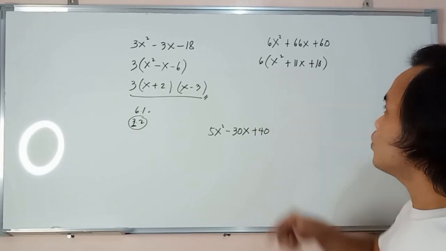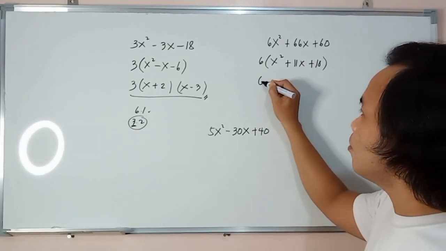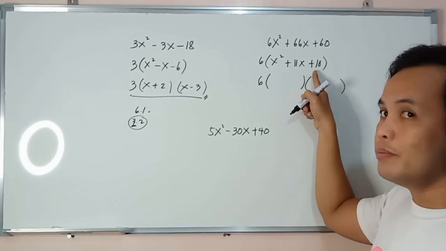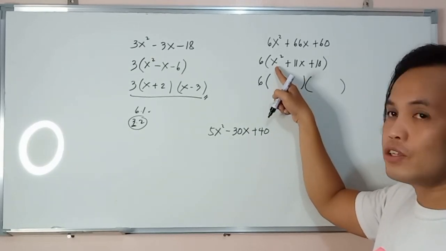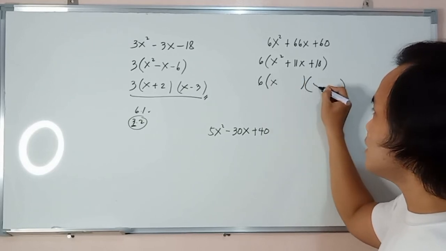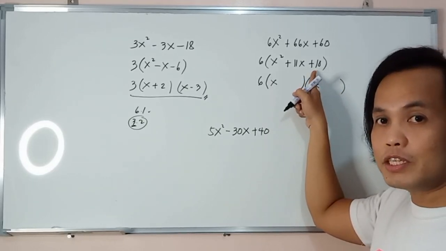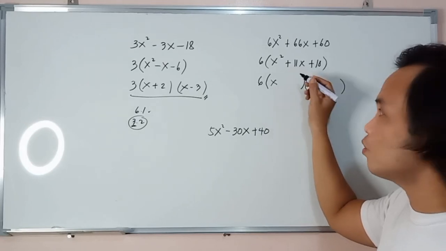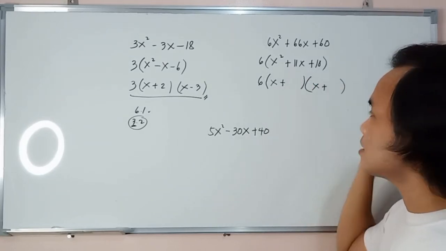We factor this quadratic trinomial, so we have the common factor which is 6. Our a is 1, so we factor x squared, so we have x times x. Since our last term is positive, we copy the sign of the middle term. So our middle term is positive, so we copy plus and plus.